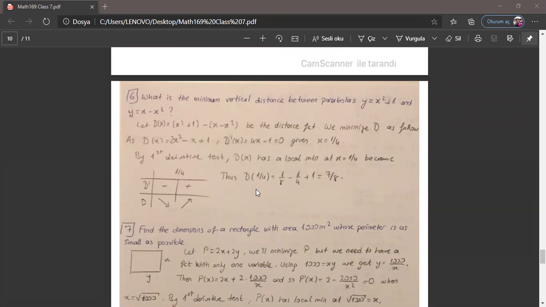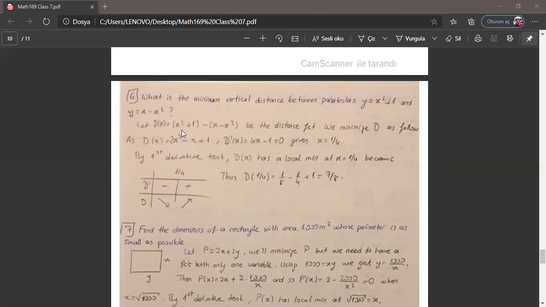Then you can apply the increasing and decreasing test, the first derivative test. That's why you need to have a function with one variable only. For this problem, we don't have such a situation. We have a function in terms of only x. We don't have any problem there.